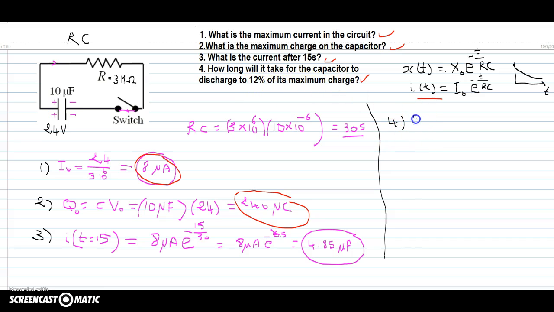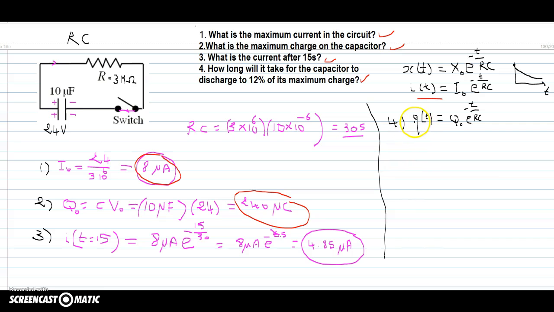The equation of Q of t for any time t has the behavior of x of t, which is the maximum charge Q0, which is x0, exponential minus t over RC time. So this is how the charge will decay exponentially.